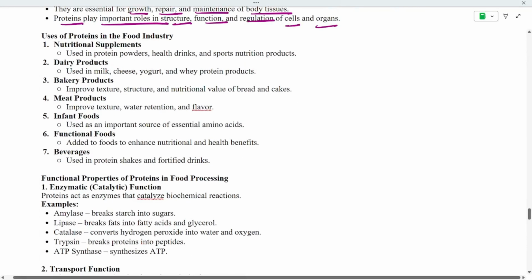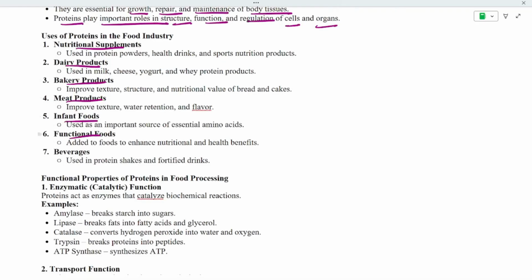How they are used in the food industry: nutritional supplements, dairy products, bakery products, meat products, infant foods, functional foods and beverages. Nutritional supplements are protein powder, health drinks, sports nutrition products and all. In dairy products such as milk, cheese, yogurt, whey protein, which we discussed previously, you can write that also here.